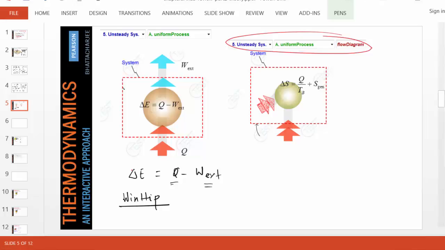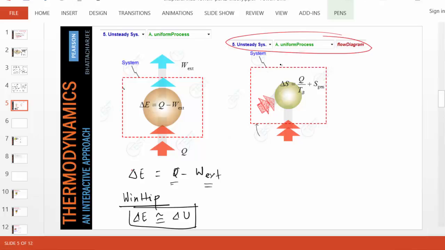Win means work in is negative, heat in positive. So work comes out means work is positive. Depending on a particular case, we will figure out the sign of W external and Q and plug them in here to find delta E. Also remember, delta E is approximately equal to delta U. Most of the time we will use this because the change in KE and PE are mostly negligible.